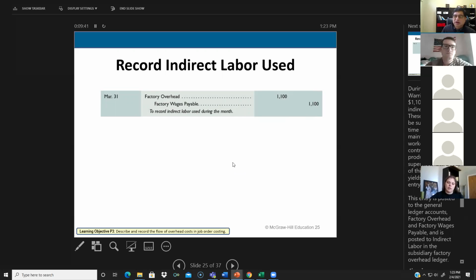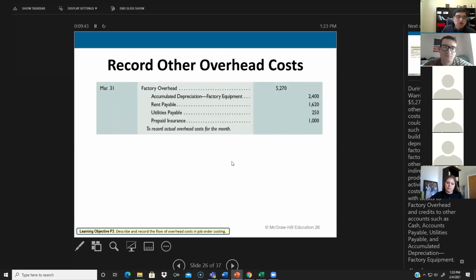Now we have got material, labor, and overheads. Now to record other overhead cost, factory overhead is debited, and all other accounts from which it is coming is credited.